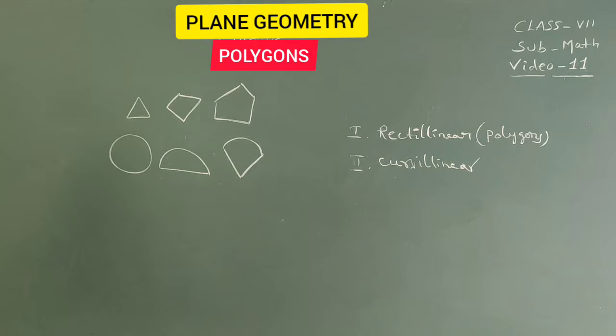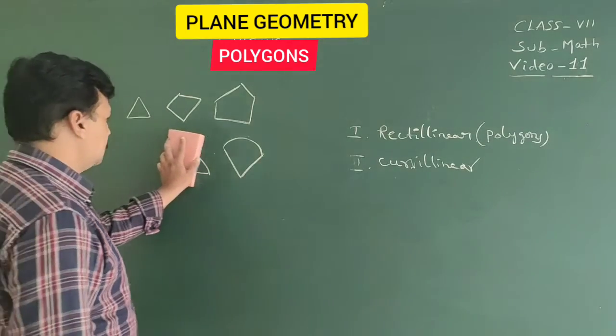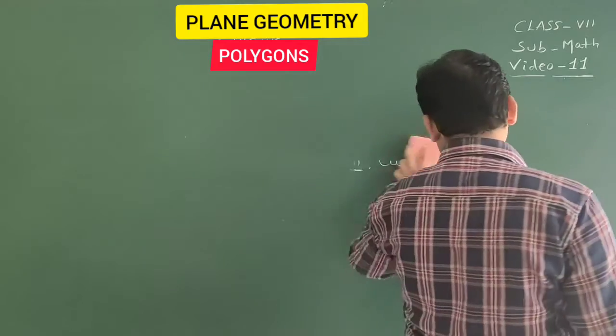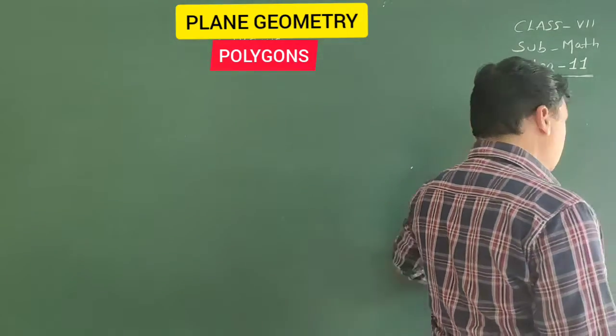Cone is a three-dimensional figure. A sector is two-dimensional. These types of figures are curvilinear figures. We will discuss curvilinear figures later. First of all, rectilinear figures, because this chapter is polygons. That's why we need to discuss rectilinear figures or polygons.